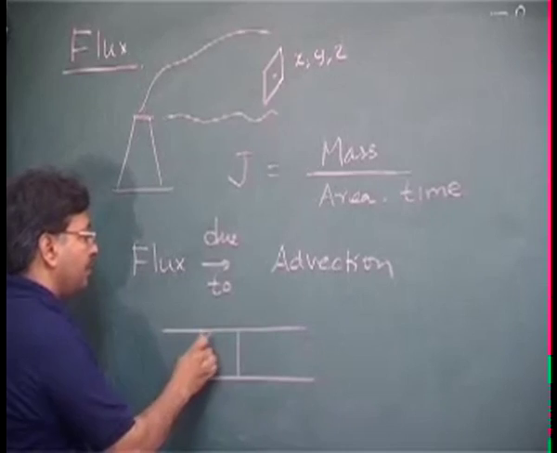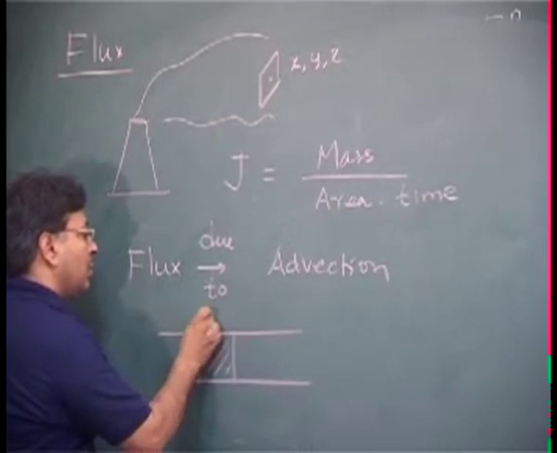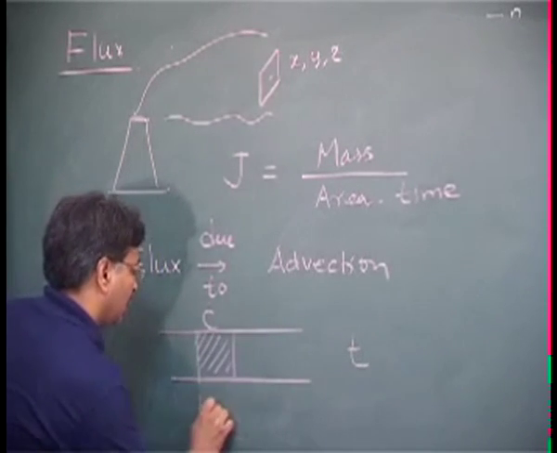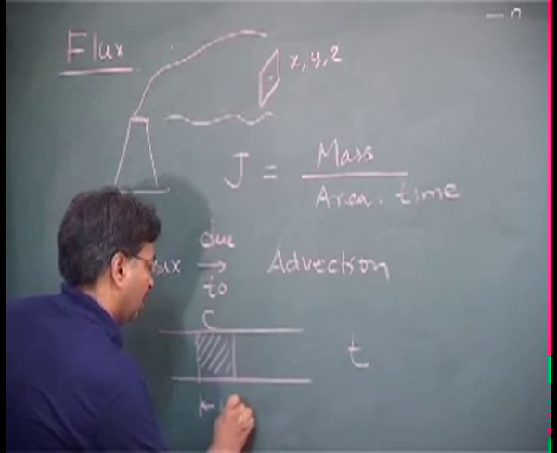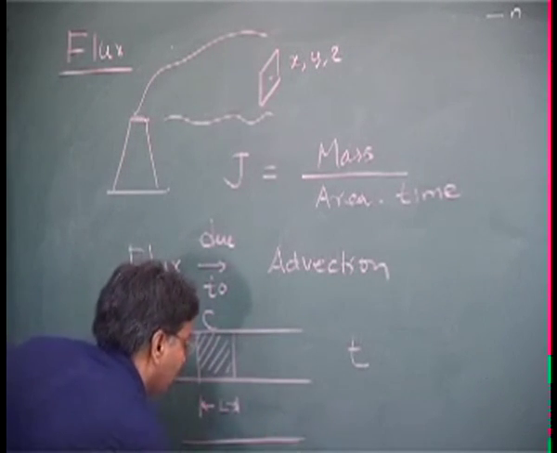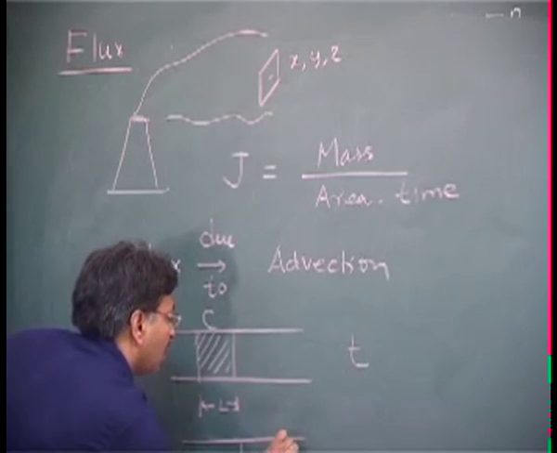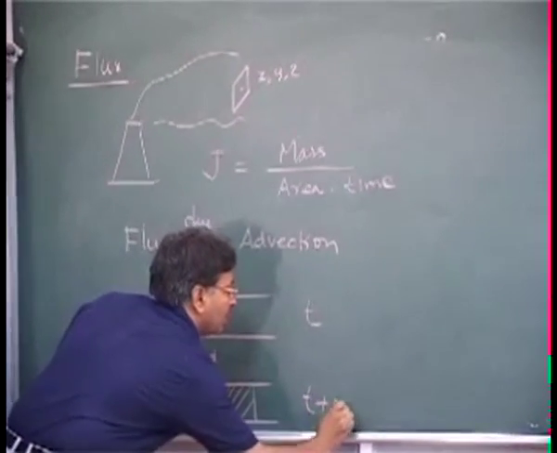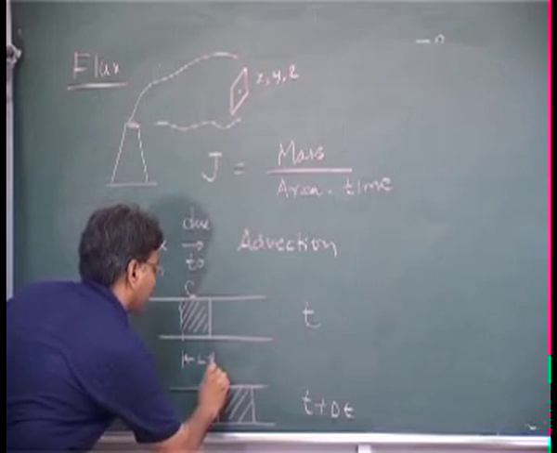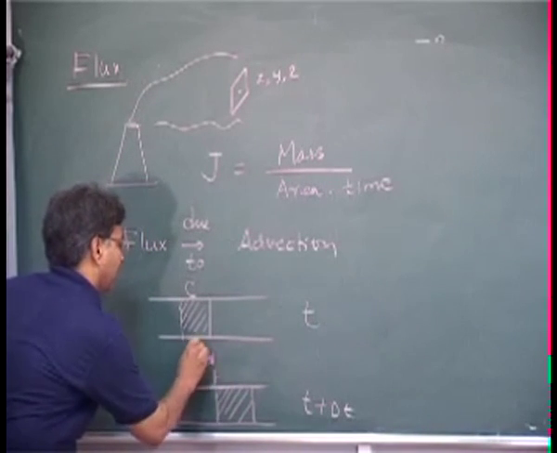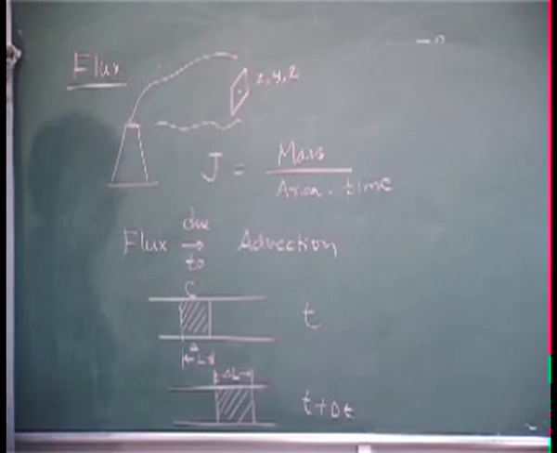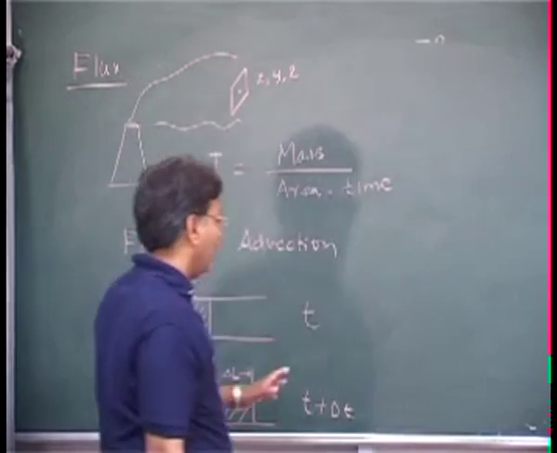You are looking at this strip, which has a concentration C at time t, and this length is L, and after some time, at t plus delta t, it has traveled, and this length is, let us call it delta L. So let us see the mass.